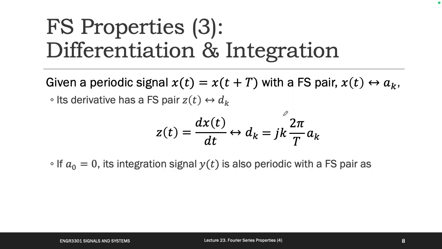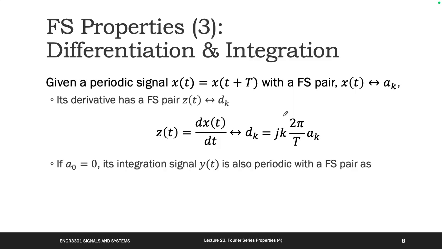And for the integration property, you have the original x(t) and the integrated signal. If you want to use this property, a naught must be 0. Because if a naught equals 0, then your y(t) is a periodic signal, because FS representation is only for the periodic signal, right? We talked about that.